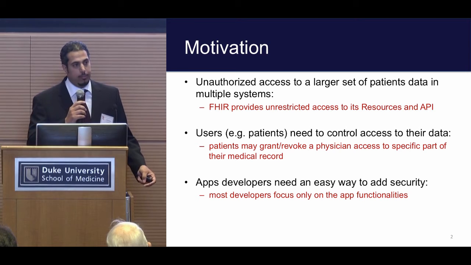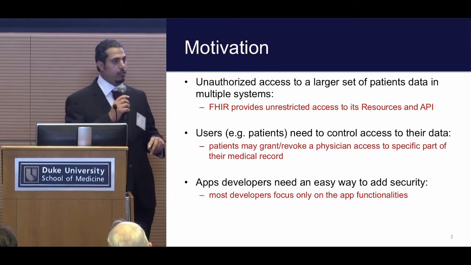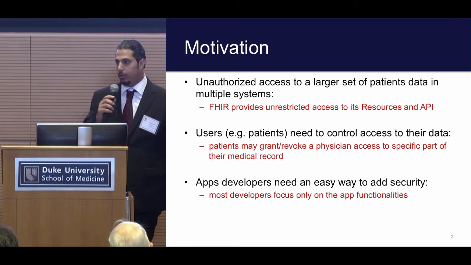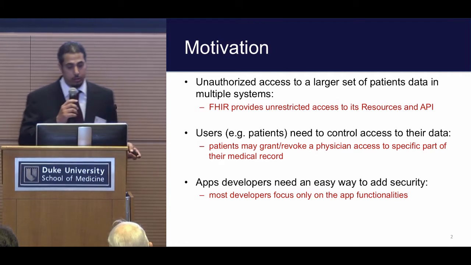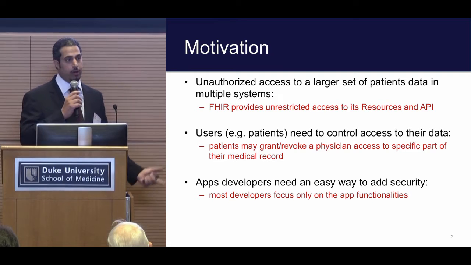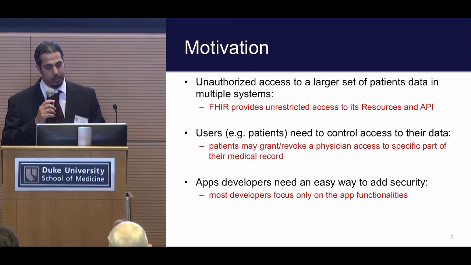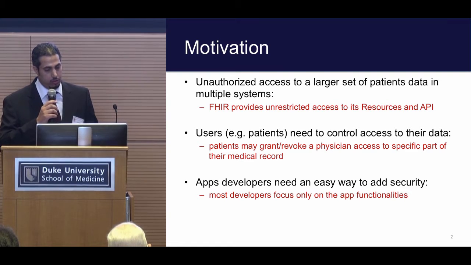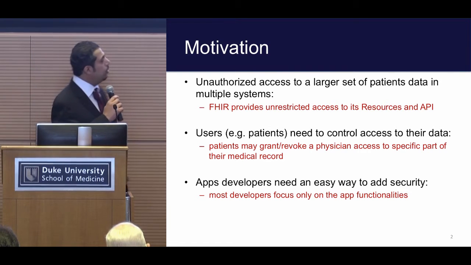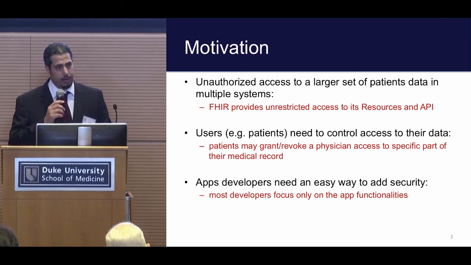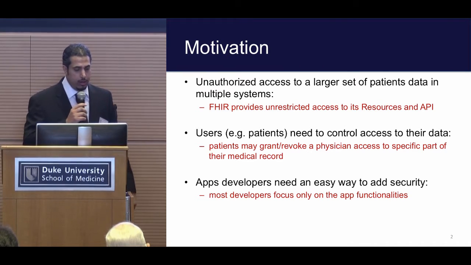So this attacker can access information on the other system, because FHIR basically doesn't provide any restriction features to access the resource or its API. So this is the main thing we are working on.